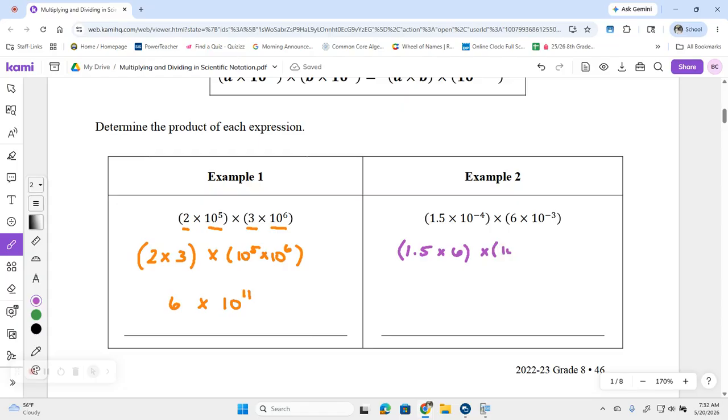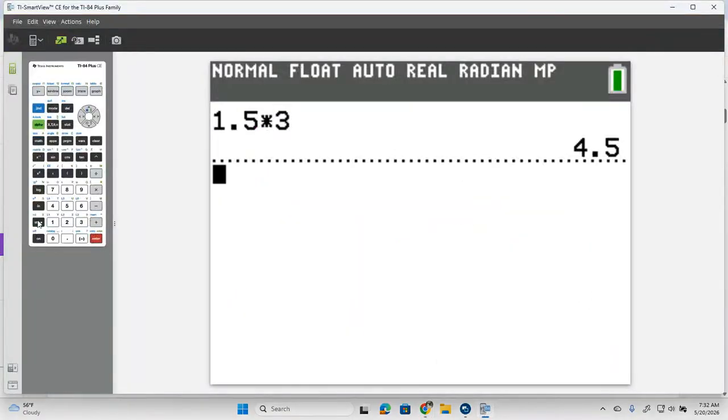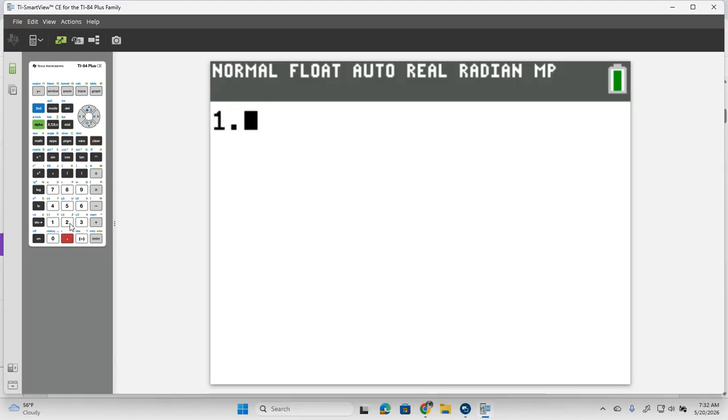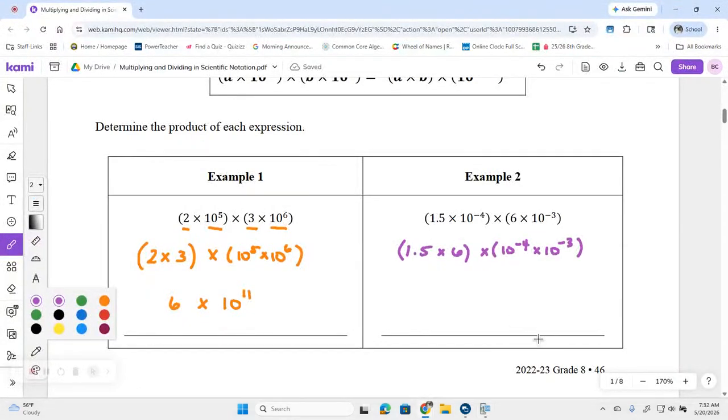And then we're going to multiply 10 to the negative fourth by 10 to the negative third. 1.5 times 6 is 9. 10 to the negative fourth times 10 to the negative third is 10 to the negative seventh. Again, 9 is between 1 and 10, getting multiplied by a power of 10. That's written in scientific notation, so we're good.